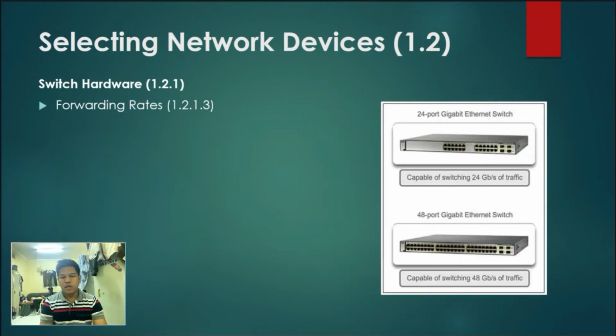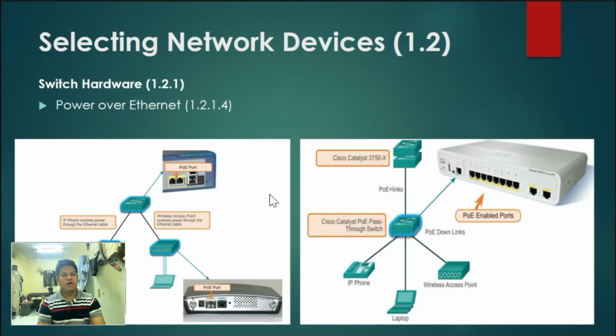While forwarding rates define the processing capabilities of a switch by rating how much data a switch can process per second. Switch product lines are classified by forwarding rates. And Power over Ethernet allows the switch to deliver power to a device over the existing Ethernet cabling.